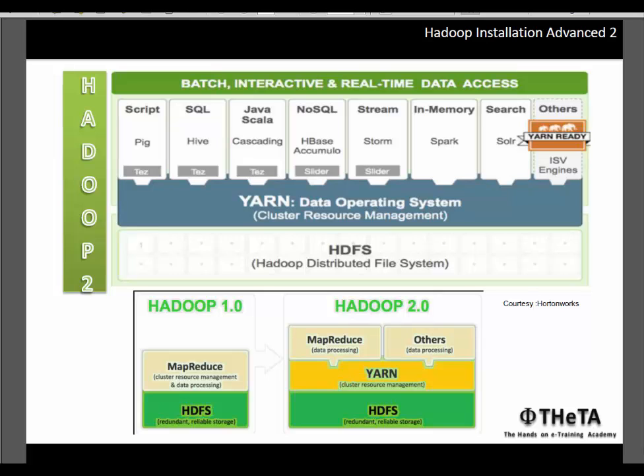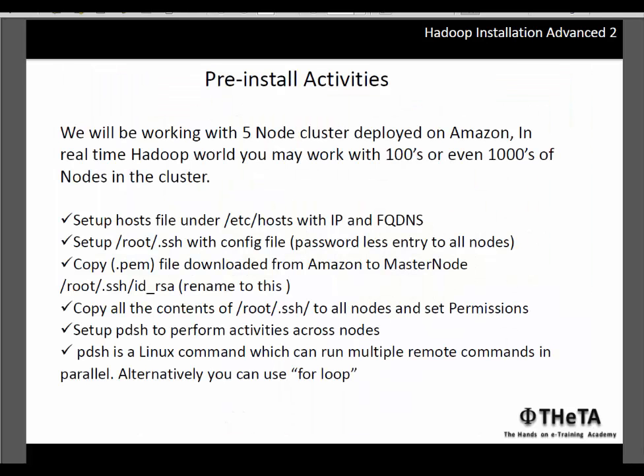If you bring in a new Apache product or any other open source product, you can install it on YARN through plugins. So that will manage all the integration between Hadoop and other applications. So that's one of the important points about YARN, right? So that's the key difference between Hadoop 1 and Hadoop 2.